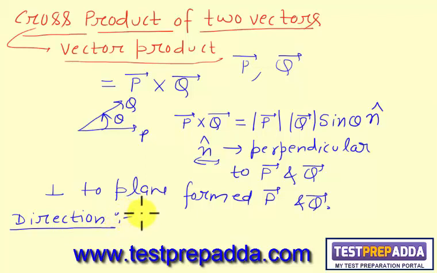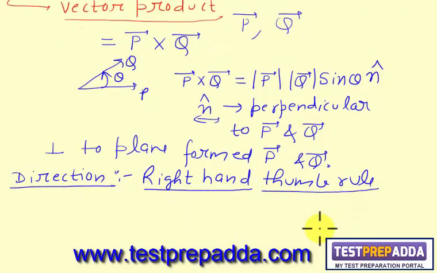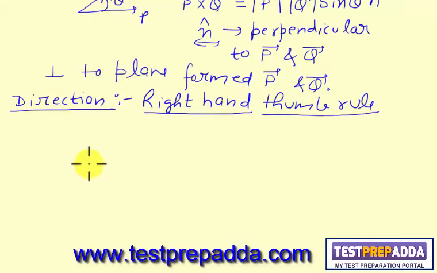What did I say? Right hand thumb rule. Please try to use this rule with me. Try to draw two vectors on paper, P and Q. Angle is given as theta.